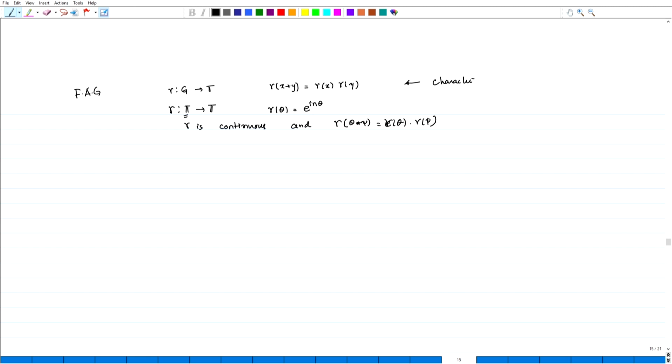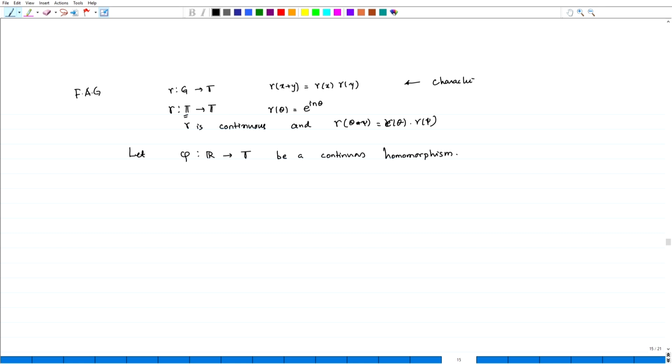So, the first thing one would like to see: let phi from R to the circle be a continuous homomorphism. What does that mean?